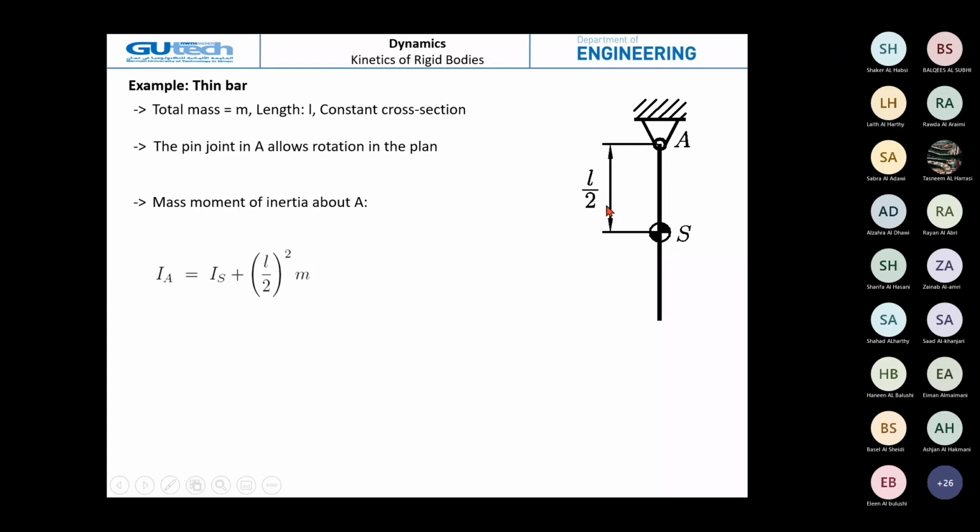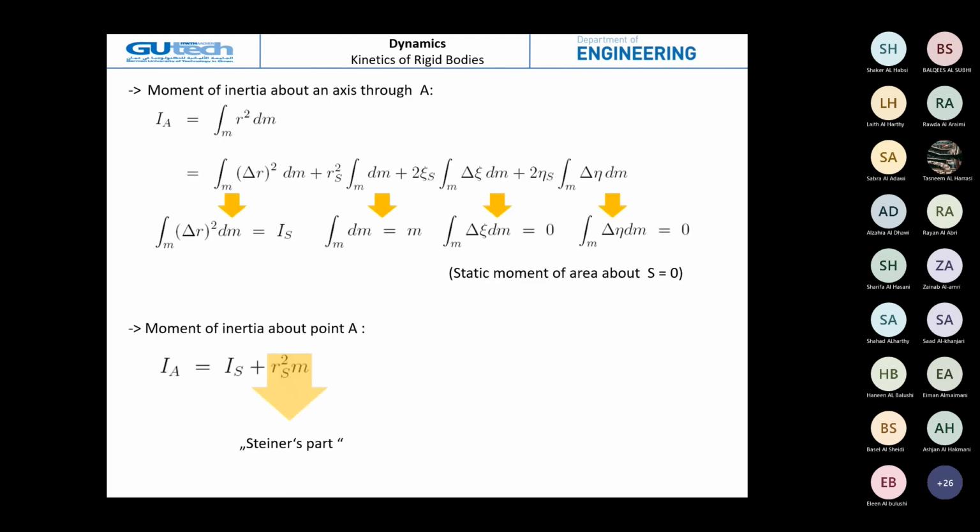Now, if we want to get the moment of inertia about this point A, we calculate the moment of inertia about S, and then we add the Steiner part. And the Steiner part, we said, is only Rs square multiplied by the mass.